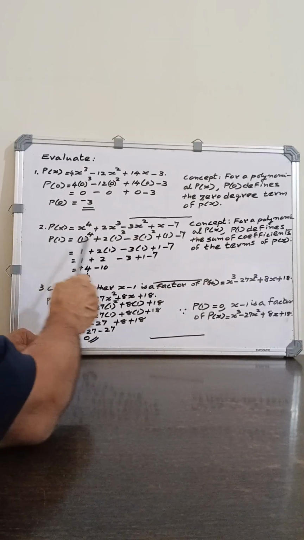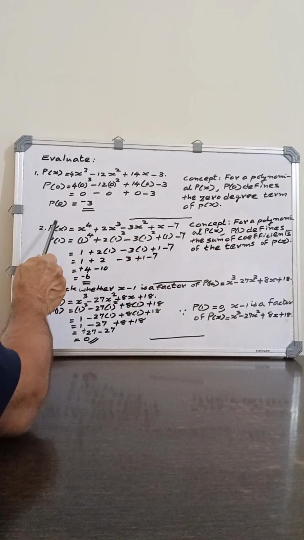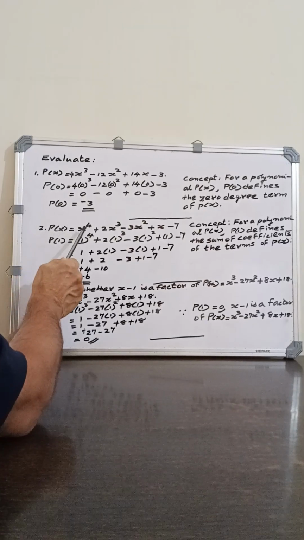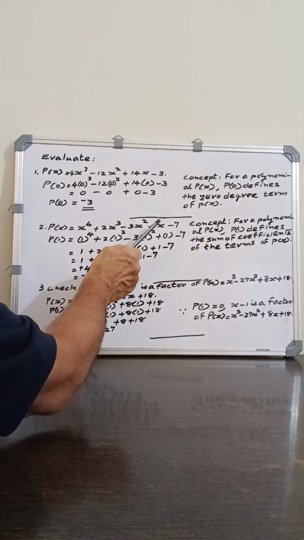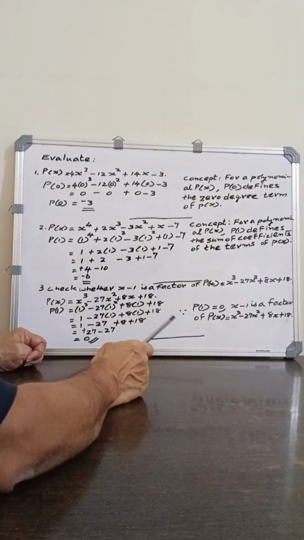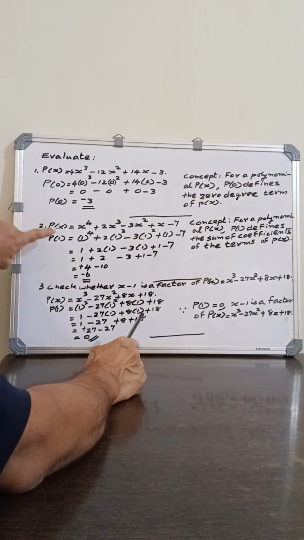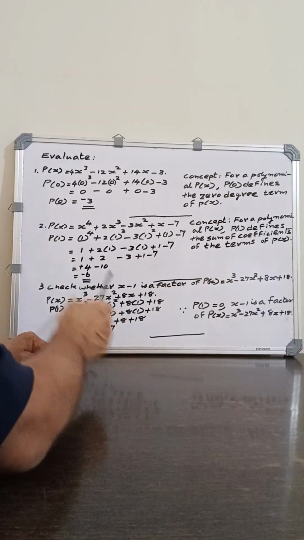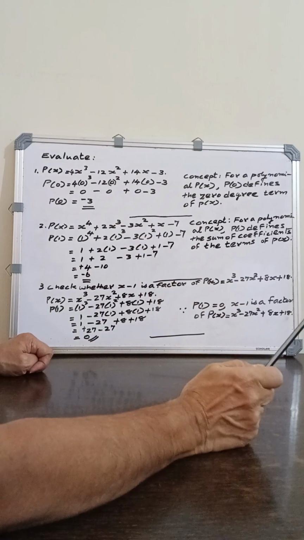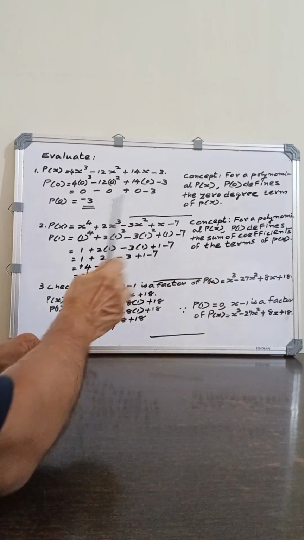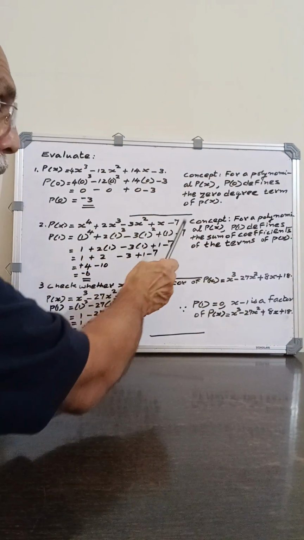From this we can conclude that in the polynomial P of x, x raised to 4 plus 2x raised to 3 minus 3x squared plus x minus 7, the degree of this polynomial is 4. But what is P of 1? P of 1 means the sum of the coefficients of the terms of the polynomial.